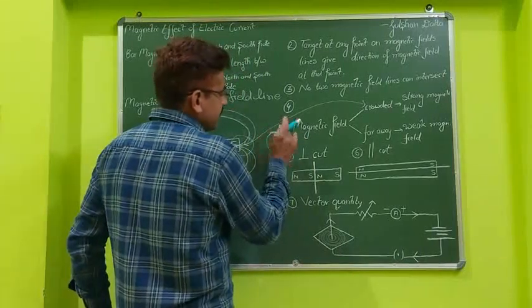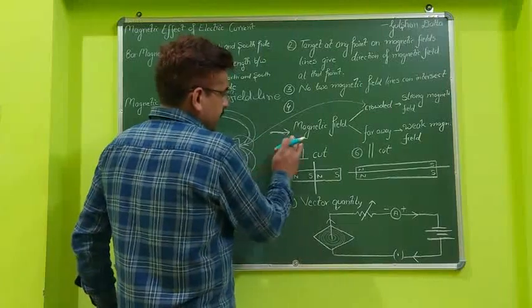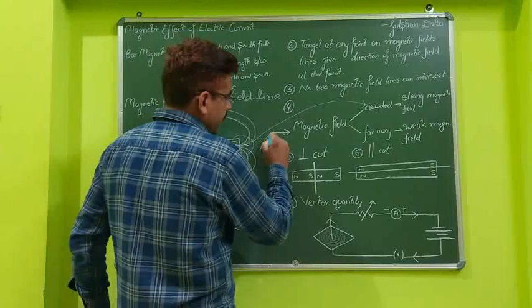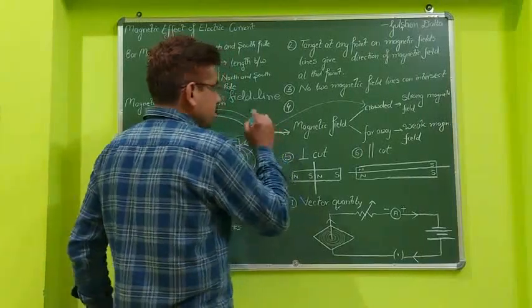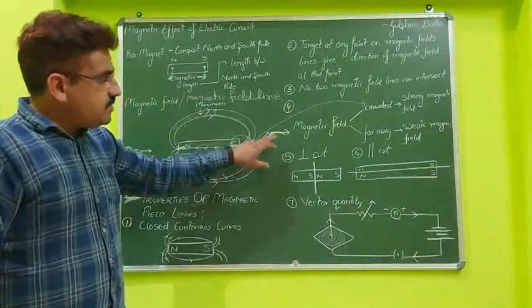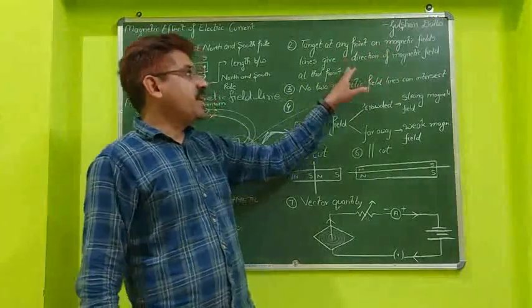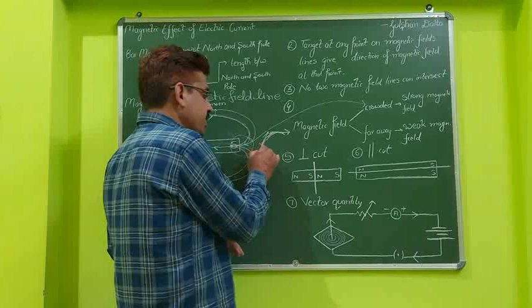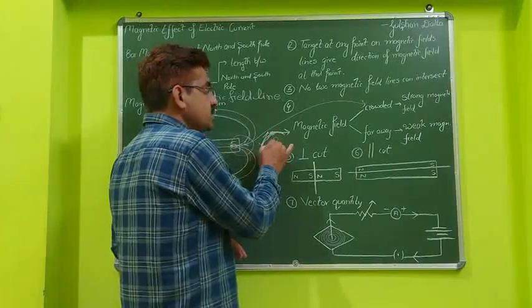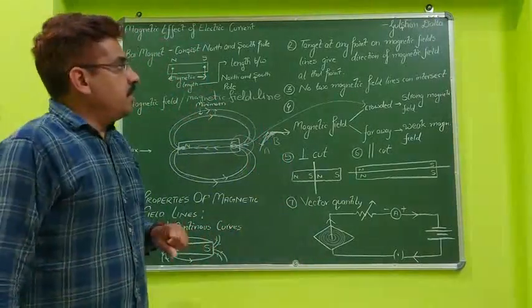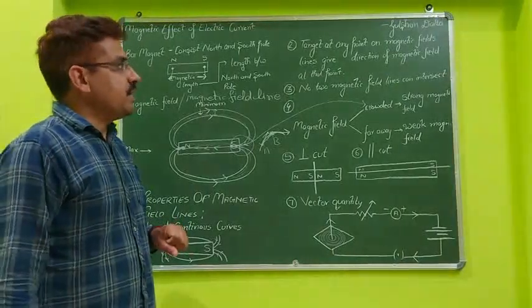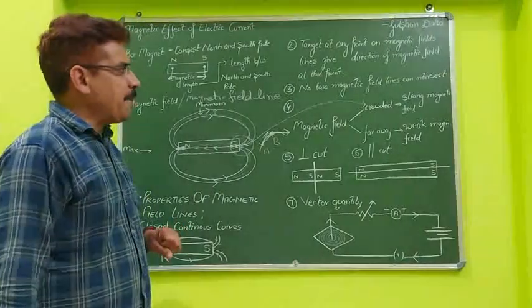Just like that, if I erase this part and only this part is there, and I draw the tangent at every point, this tangent gives the direction of the magnetic field lines at that particular point. Say this is point A and this is point B. So the tangent at any point of the magnetic field lines gives the direction of the magnetic field.